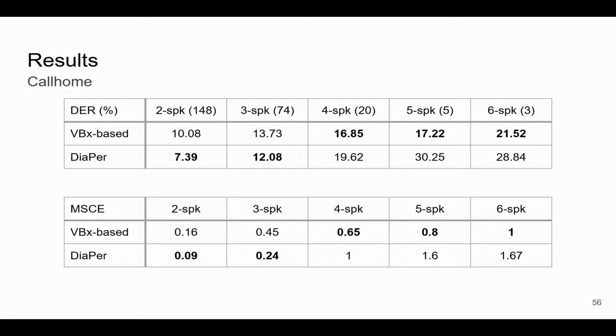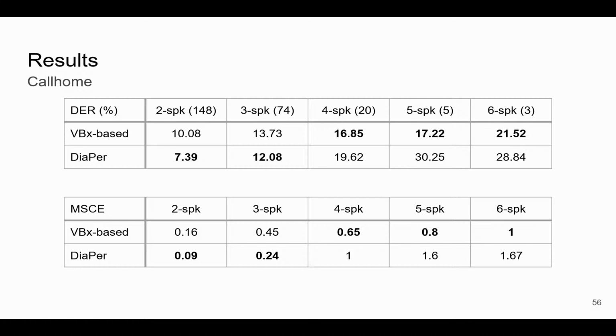Analyzing a bit more in detail what happens in CALLHOME, depending on the number of speakers in the conversations, you get very clear trends. For fewer speakers, 2 or 3, DiaPer is way better, or at least better, depending on the case, but it has some advantage. Once you go to more speakers, that's where the modular system starts to perform better.